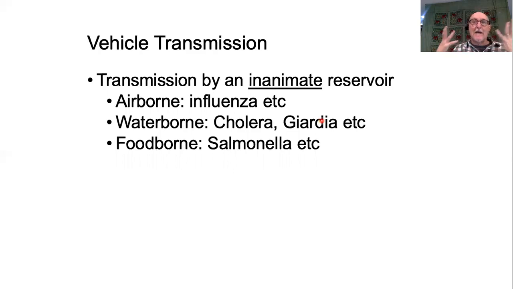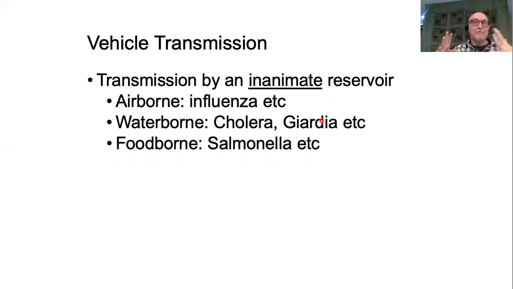The first is the airborne reservoir, and that's what we've just talked about. This population of droplets in the air that we are continually exposed to that may contain infectious agents, especially virus. It's not so important for bacteria. There are 1 or 2 bacteria where it may be important, tuberculosis being one of them, but it's much more important for viruses.